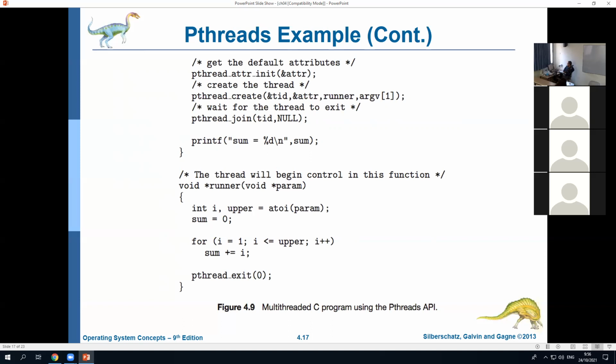And I give it a parameter: argv of 1 is the param that is here in the function. So with pthread_create, I can create a thread, give it a function to run, and pass that function its parameter all in one shot.